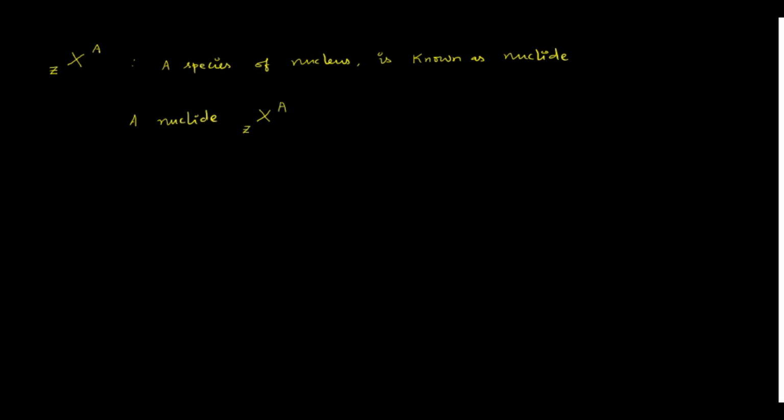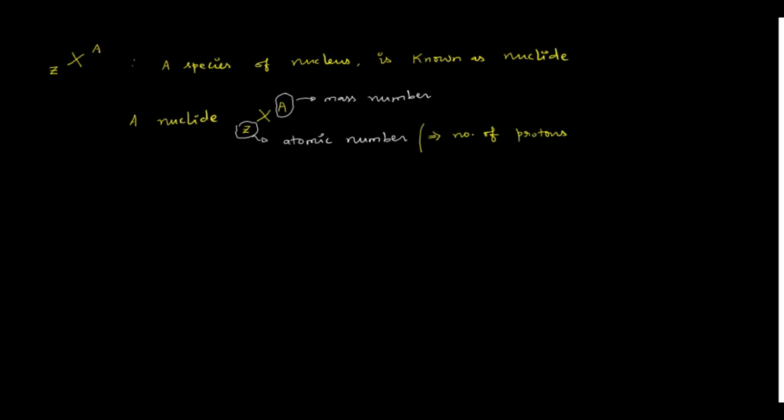Now what is this A? This A is called the mass number, and this Z is called the atomic number. Now what are the mass number and atomic number? The atomic number tells you the number of protons.